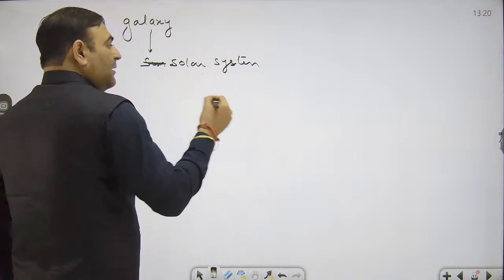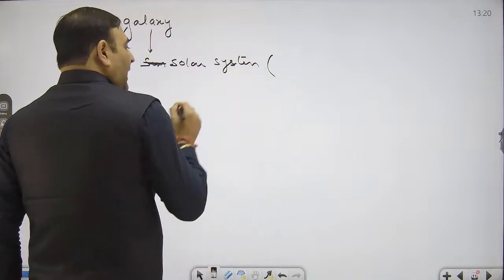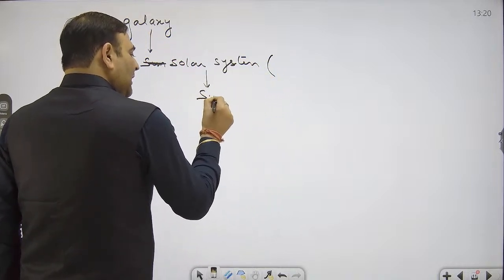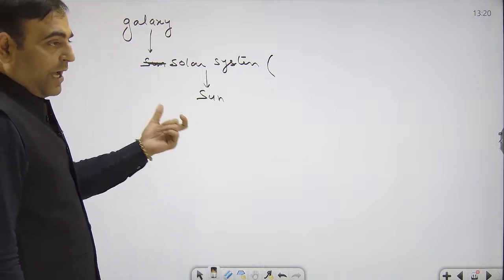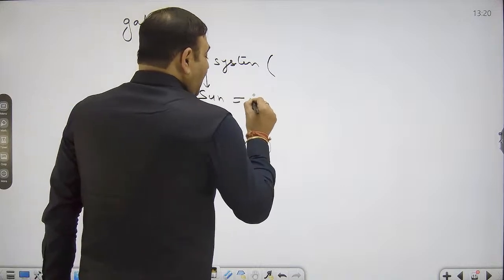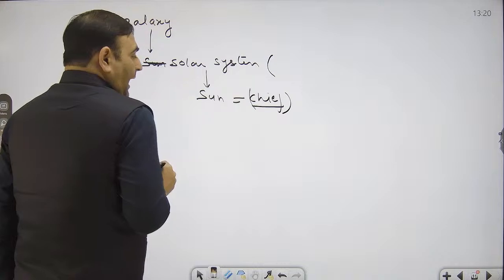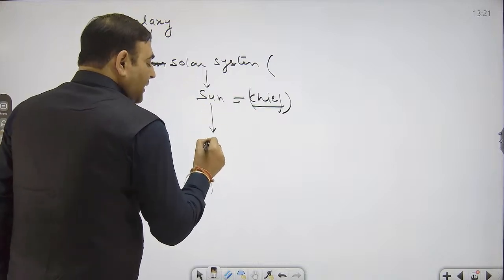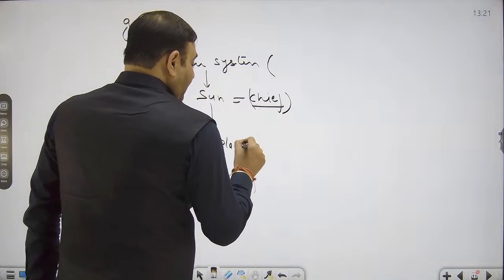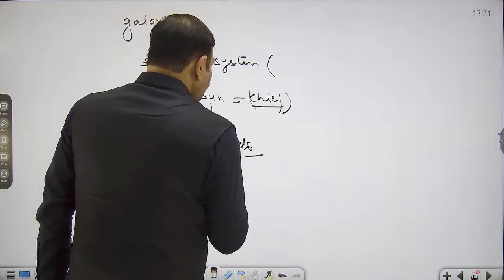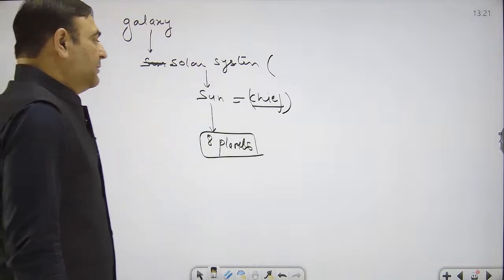One of them is our solar system, in which the sun is the head of the family, the chief star, with 8 major planets and various other dwarf planets.